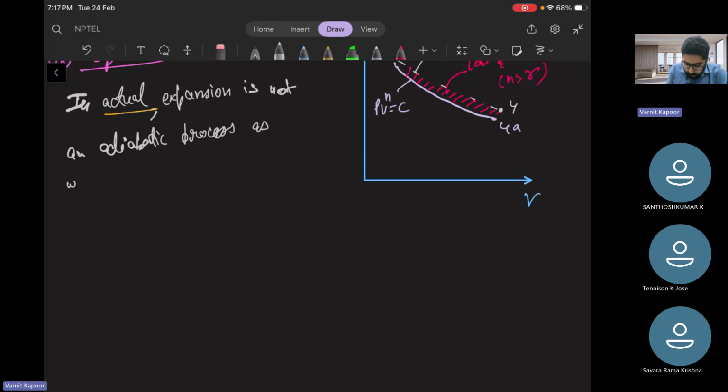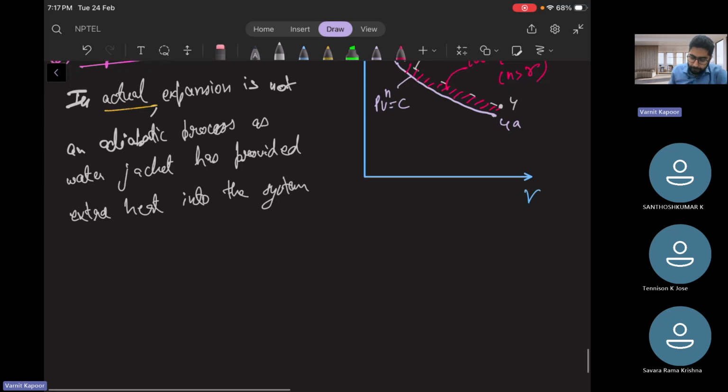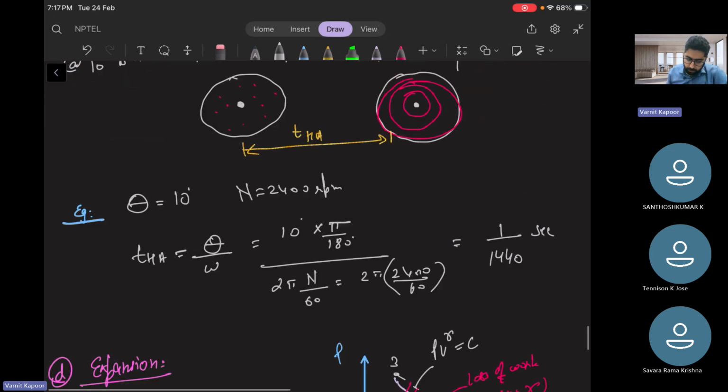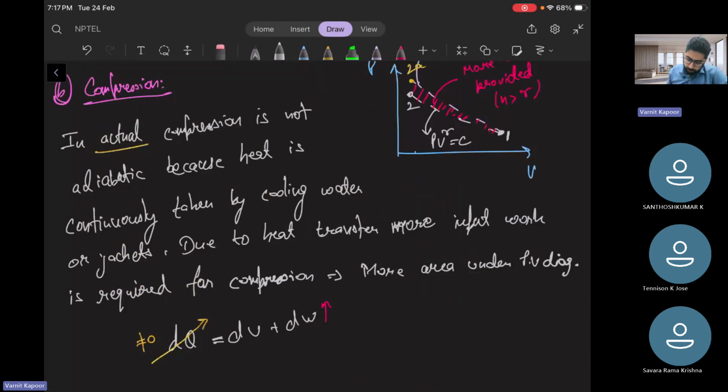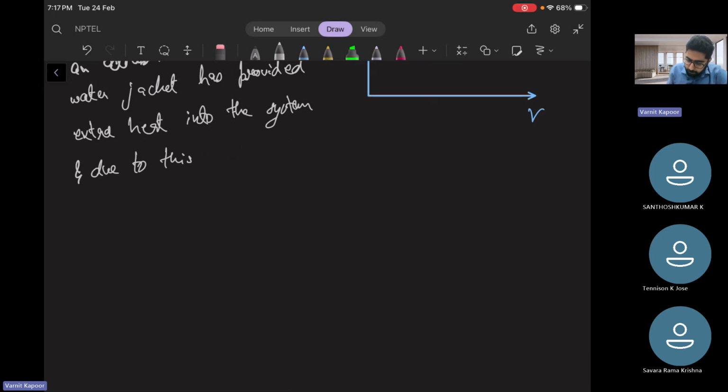As the water jacket has provided extra heat into the system, and due to this heat transfer, the work produced from this process is less.